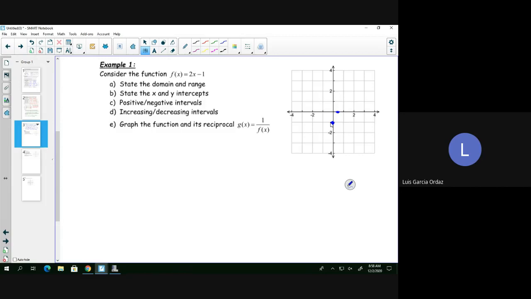So at 1 and 1. And how about for y is negative 1? x is 0. Yep, so that's our y-intercept. So this is what our graph would look like.